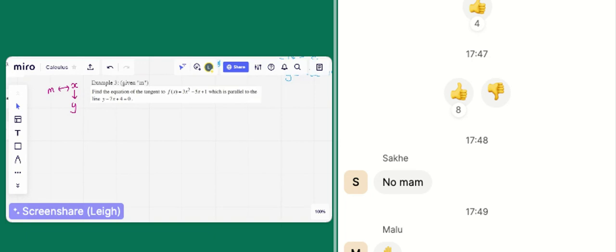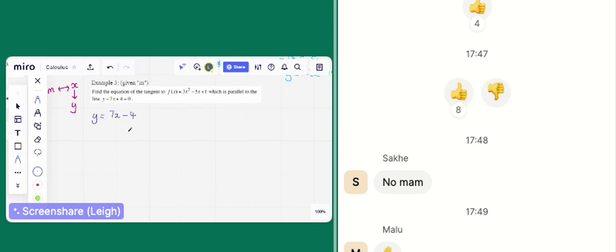Ma'am, well, personally, I would first correct the y minus 7x plus 4 and make it into a proper equation. Beautiful. Tell me what to write, Malu. It would be y is equal to 7x minus 4. Beautiful.